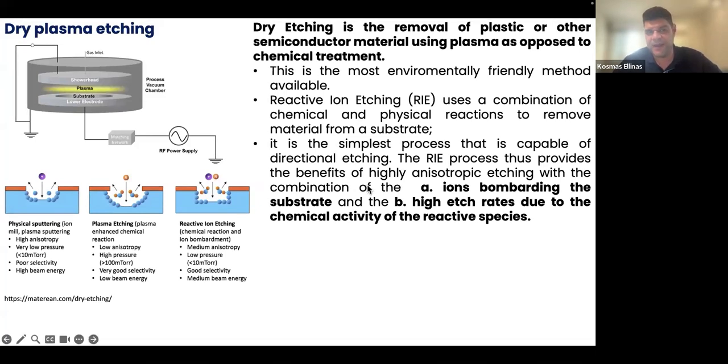Plasma etching has been extensively used in order to create vertical shapes on microelectronics, and in particular, the most effective type of etching is reactive ion etching, which is a combination of chemical etching and physical etching of the material.